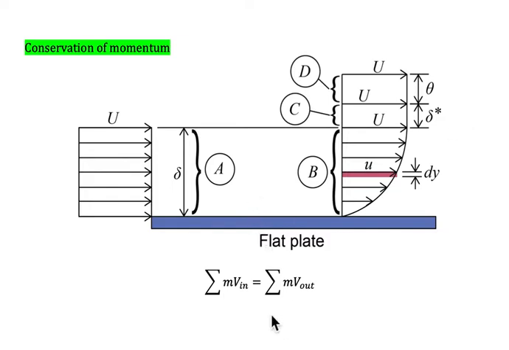So the idea is similar to the previous one. We need to make sure that the total momentum at inlet is equal to the total momentum at outlet. From this diagram, we could say that A here is the total momentum for inlet, and B, C, and D is the total momentum for outlet.